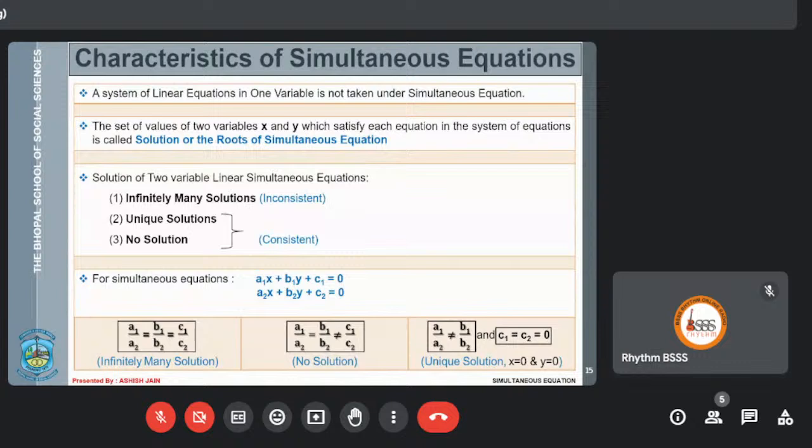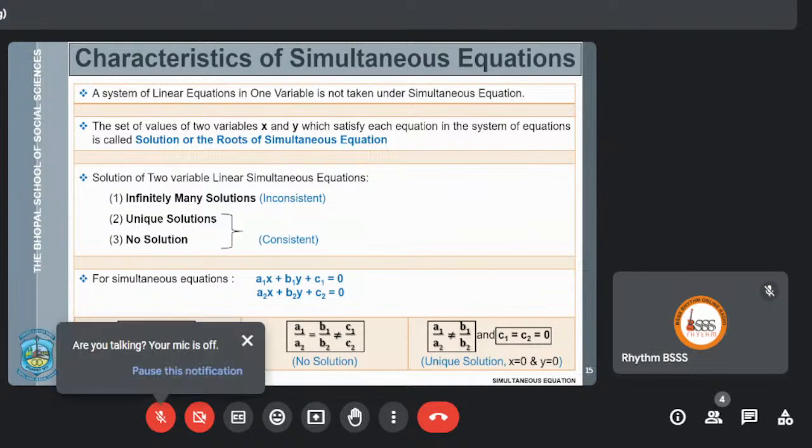That means you have to find the value of both the unknown variables x and y, right? And the general structure of simultaneous equations is a1x plus b1y plus c1 equal to 0, a2x plus b2y plus c2 equal to 0. Here a1, b1, c1 are coefficients, all right? They are constant values, or they are called coefficients.